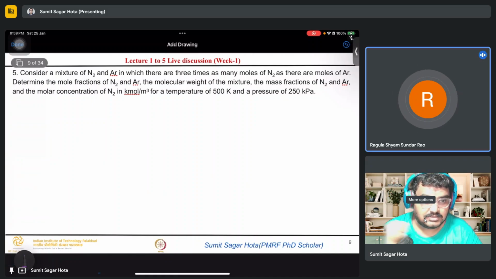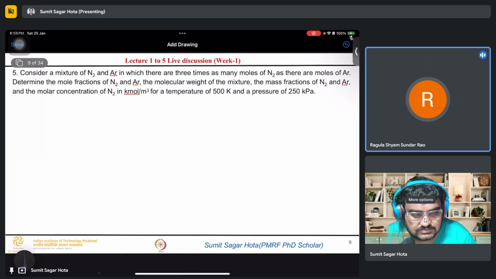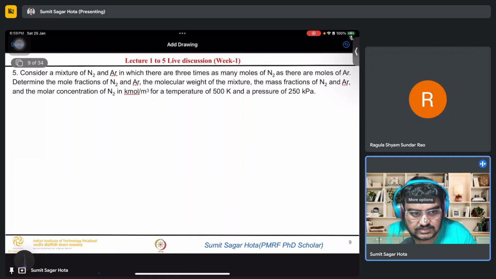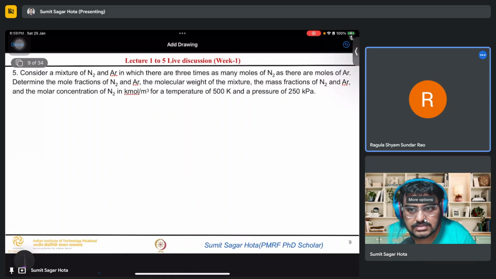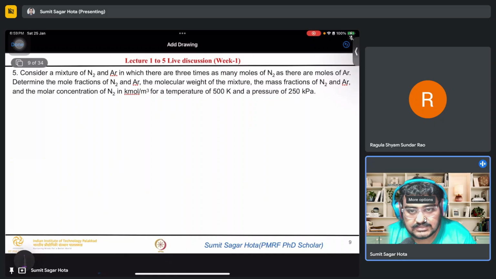These are the exercise problems from the book, from the second chapter, thermochemistry. Some of the problems in the initial lectures I follow from this book, because the advanced part I cannot follow. Some outside problems I will include in later lectures. For now, I follow whichever is required from this book.